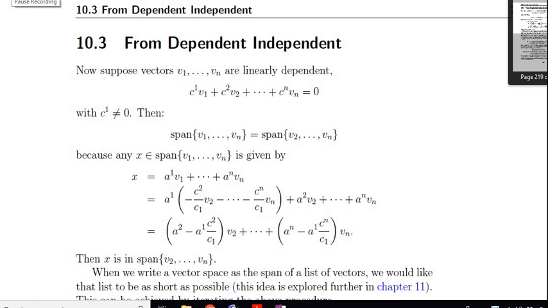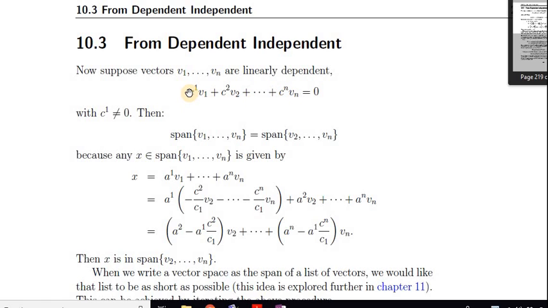Okay, now we talked about finding, in the span of vectors, a minimal set of vectors that have the same span. So in this section, we talk about how you can take a set of vectors that's not minimal and create a minimal set. Now, if the vectors are linearly dependent, they're not minimal because there must be at least one of these vectors that's a linear combination of the others. And I could remove that vector from the list.